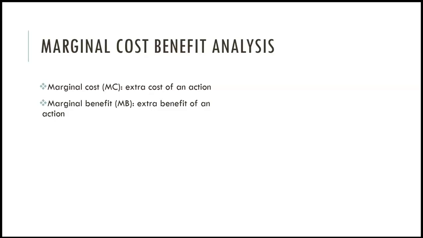And we want to make sure that our benefits are greater than our costs. Otherwise, it's not going to be worth it to do an activity. Because of scarcity, we can then spend those extra resources doing something else. So we just want to make sure that all of our activities have a marginal benefit that's greater than or equal to the marginal cost of that activity.